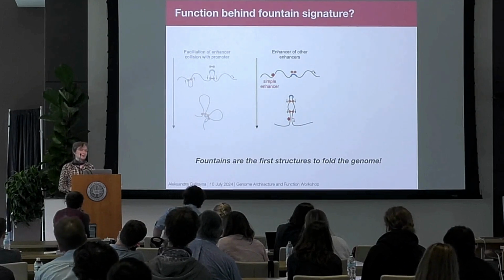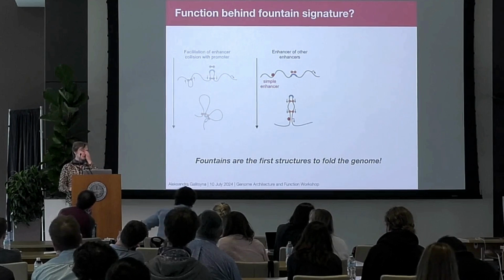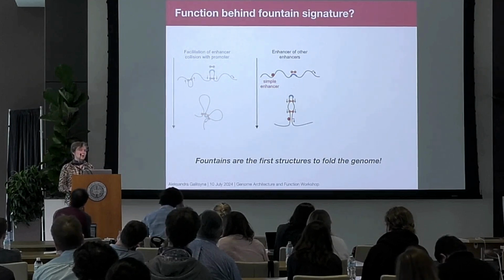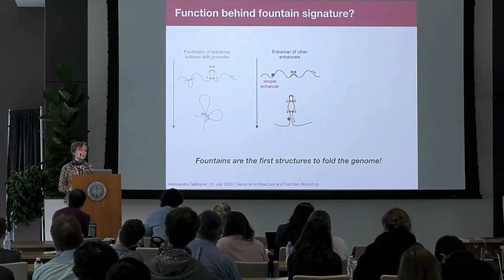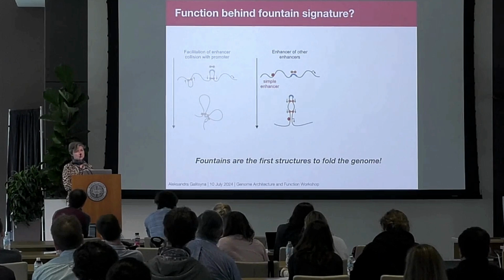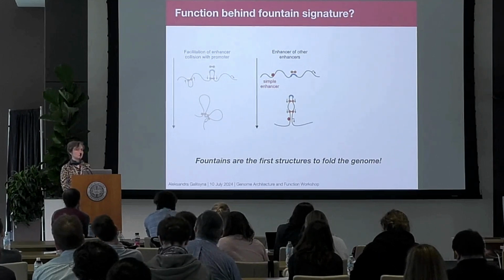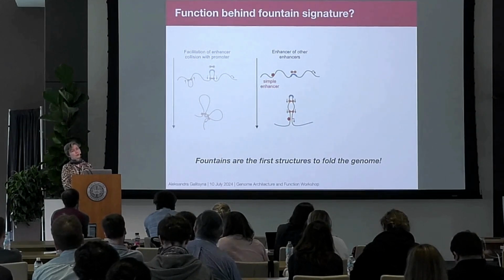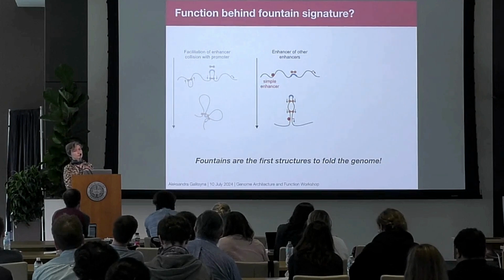In C. elegans, the colleagues who are co-submitting the work with us, they tried that. They tried to remove supercoiling, and they see that the fountain structures are still there. And they have done that in C. elegans, which is of course not entirely our experimental system, but still we are confident that it's not supercoiling and less dependent on transcription. Yeah.